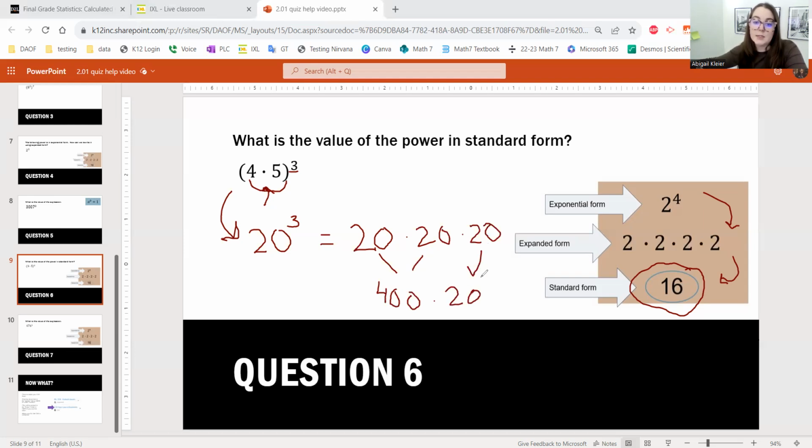Then you bring down the other 20 that you have not multiplied yet, and 400 times 20 will give you 8,000. So this one definitely has the most steps out of all the problems we've done so far. But you can take a moment, write down all of these steps. Again, solve what is inside the parentheses first, then expand your power, and then you can move into standard form by solving the answer.